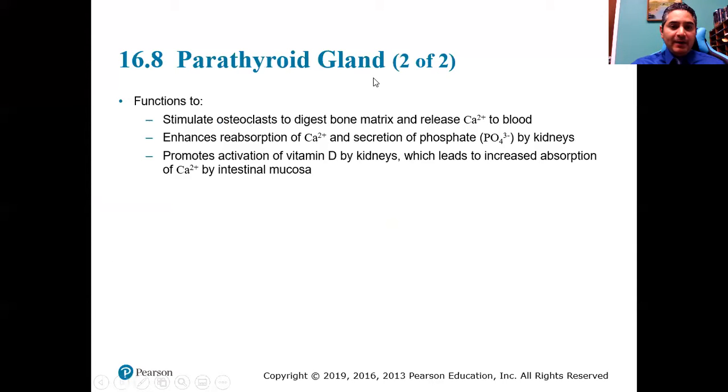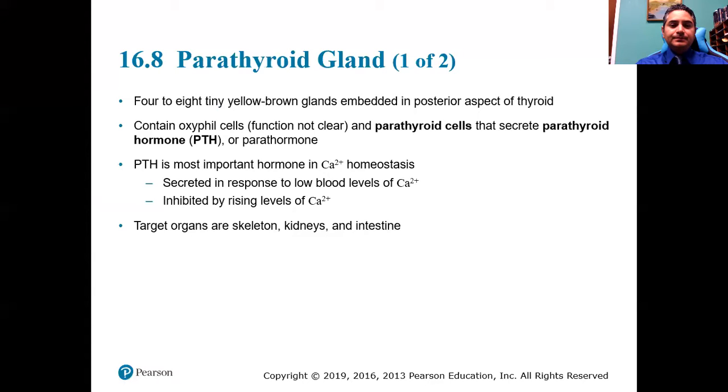Well, in the case of the parathyroid, if the calcium levels are low, you're going to want to stimulate that osteoclast found in the bone matrix, so those enzymes can do some degradation, some cleaving, some breaking apart to release calcium into blood, because the parathyroid gland reacts to low levels. And as I told you before, I like the word concentration, because we're really looking at calcium per volume of sample.